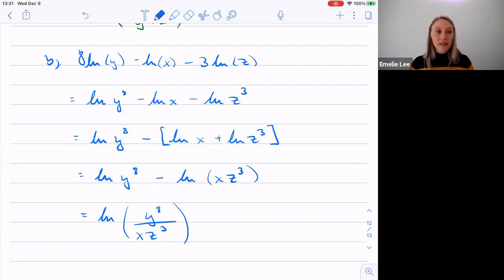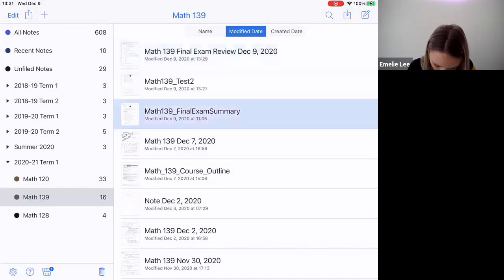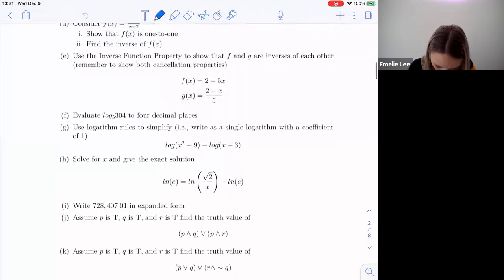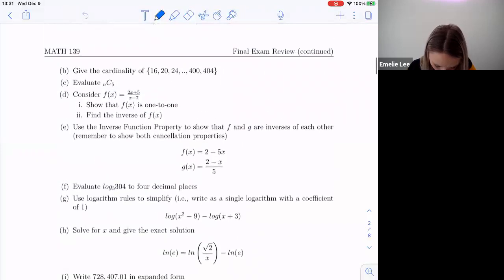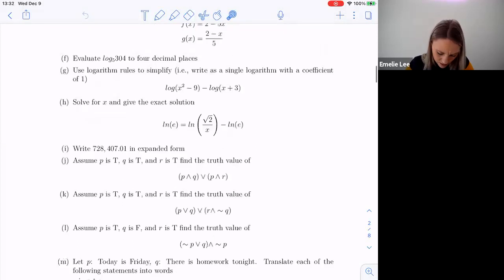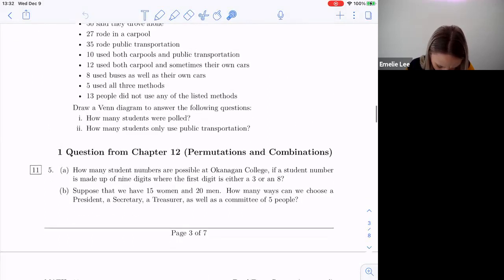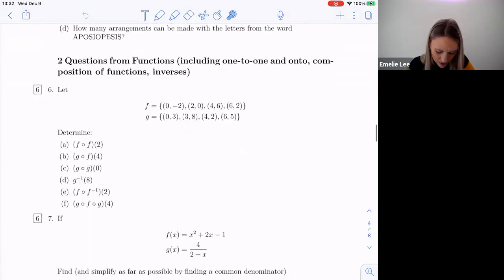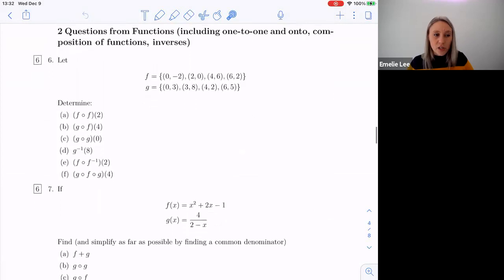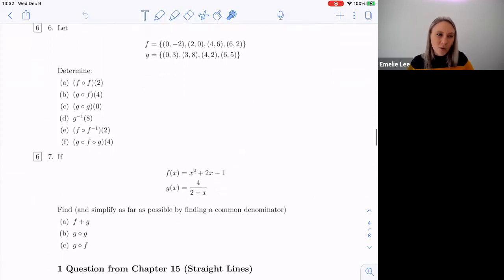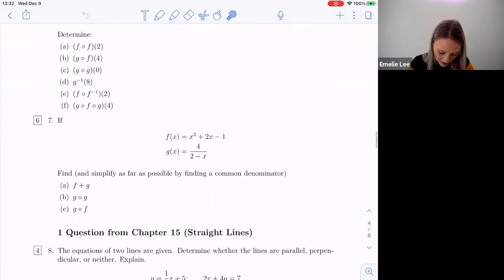Yeah, so you do have to find the inverse of a function. In fact, where is it on this thing? Oh, here. I actually swapped out a question that the other classes are doing for a function one because I felt like we worked on it more.